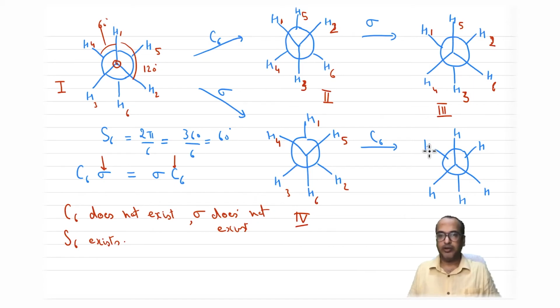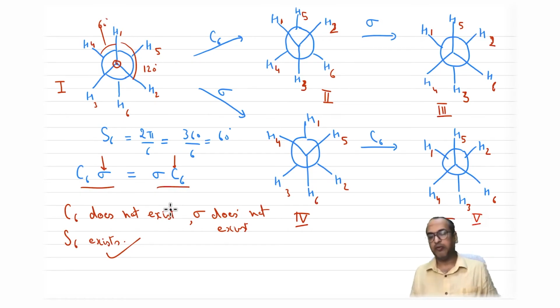So 1 comes over here, and then 2 comes over here, 3 comes over here, and this will be 4, this will be 5, this will be 6. And now if we call it the fifth, you can easily see that the first, third, and fifth are equivalent. So because first and fifth are equivalent, we can say that S6 exists. So this is verified again. And because third and fifth are equivalent, we can say that C6 sigma or sigma C6 both are equivalent. So that means the two operators are commuting, right?